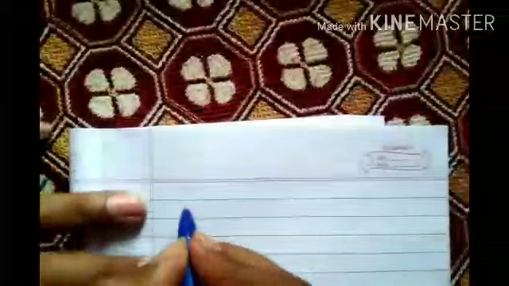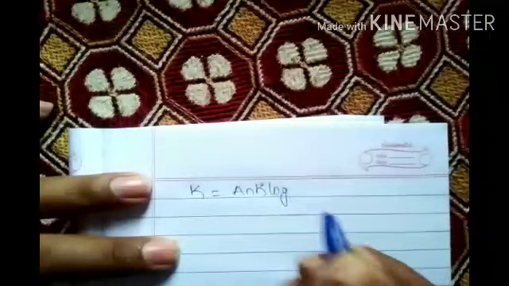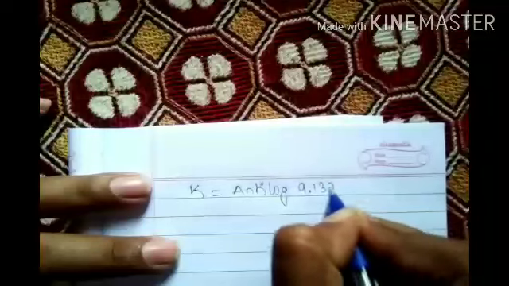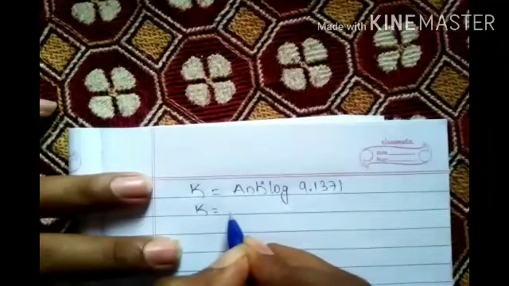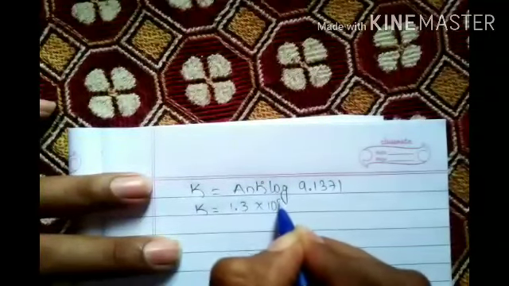Now the log is shifting. Now K equals antilog of 9.1371, so the stability constant is 1.3 into 10 to the power of 9.